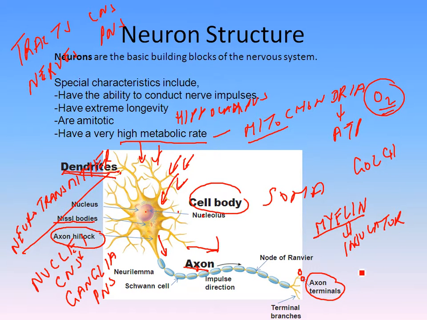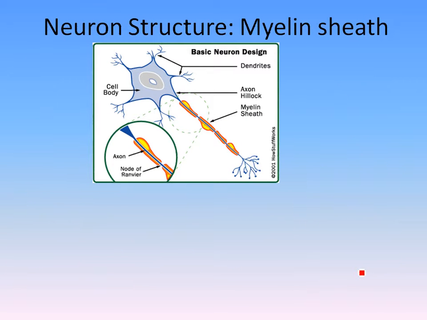The myelin sheath is a fatty sheet that covers the axon. The sheath is formed in the peripheral nervous system by certain cells called Schwann cells. And this is only true in the peripheral nervous system.